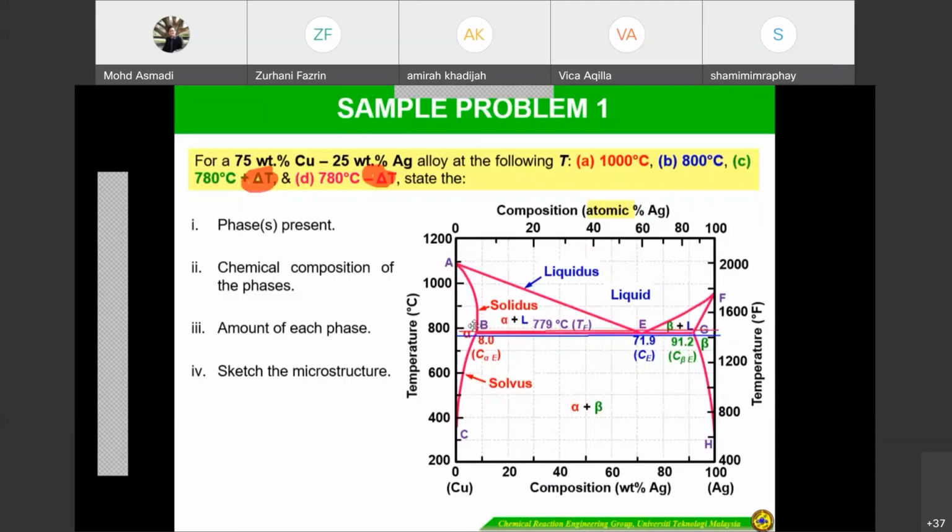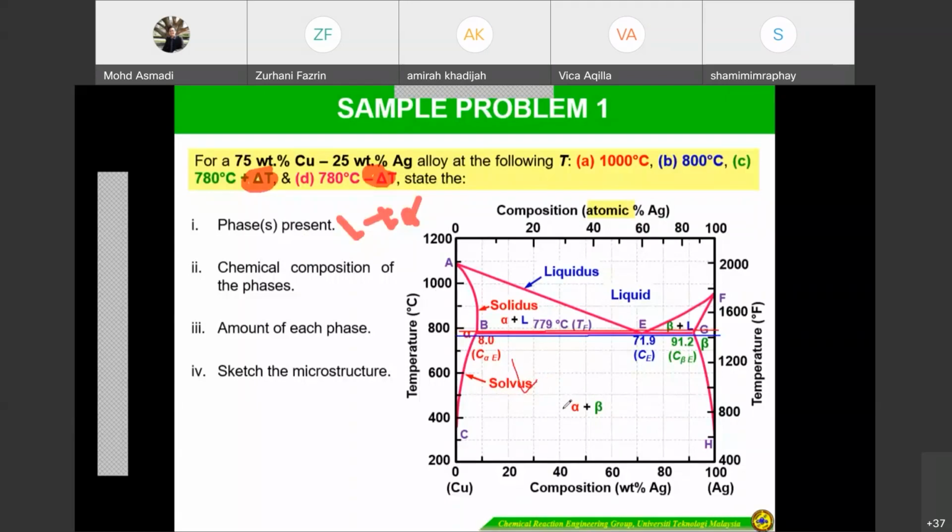Okay. So just above, if you look at there, this one phase is L plus alpha. Let's make it that, just to differentiate. L plus alpha. And then chemical compositions, WL. This one is liquid and alpha.